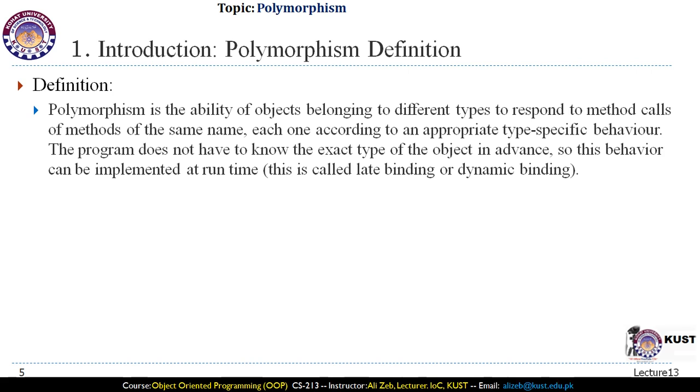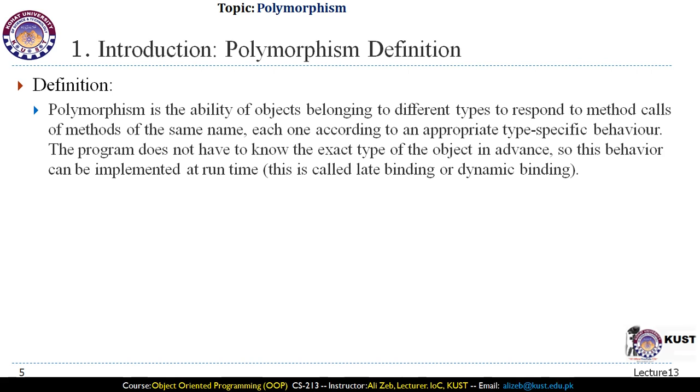By definition, polymorphism is the ability of objects belonging to different types to respond to method calls of methods of the same name, each one according to an appropriate type-specific behavior. This is what we saw in our example as well, and we will look at a couple more examples to understand the idea of polymorphism better.